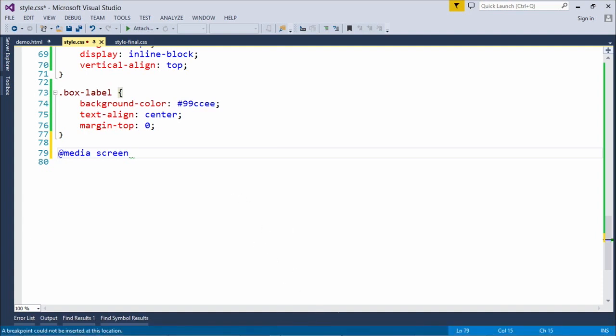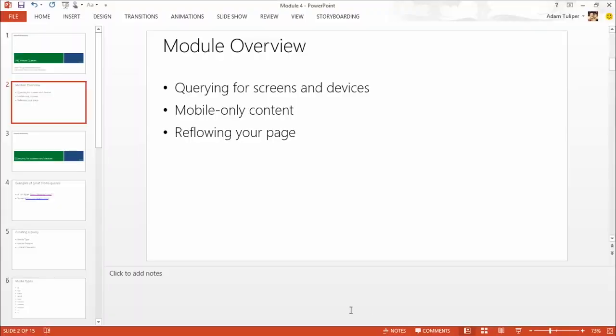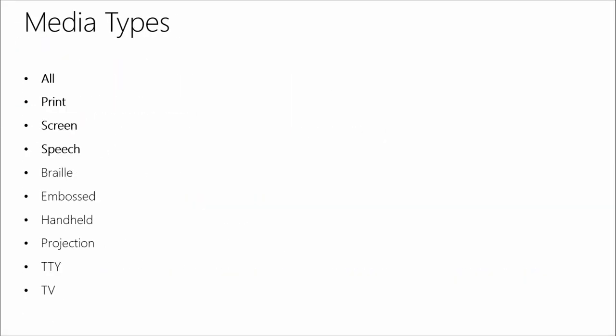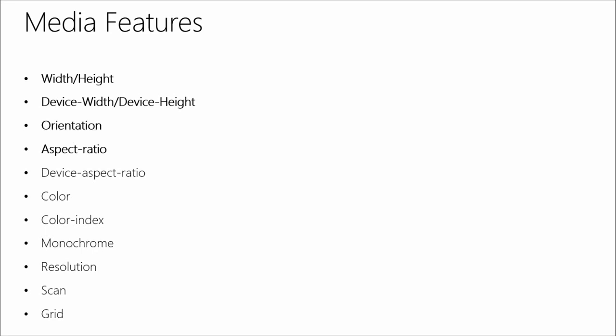So which media query should we use? Let's go back here and see. We have a couple of options, right? We know that these are definitely going to be screens, devices, computer screens. So we should start with a screen. And then next, we have to pick some media features that we're going to query this on.